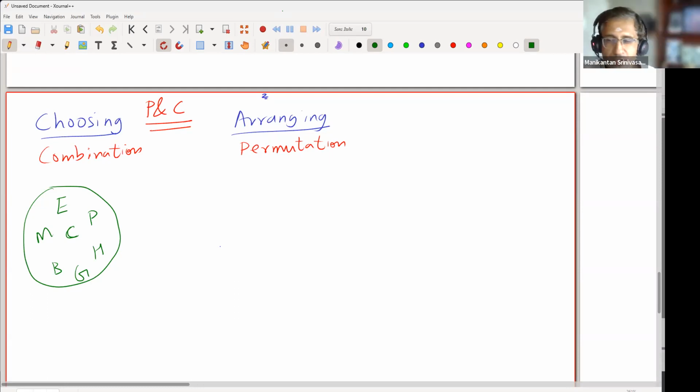Computers is C, no? I've used C for chemistry. Something else. French. Okay, fine. French. So how many are there? 7.